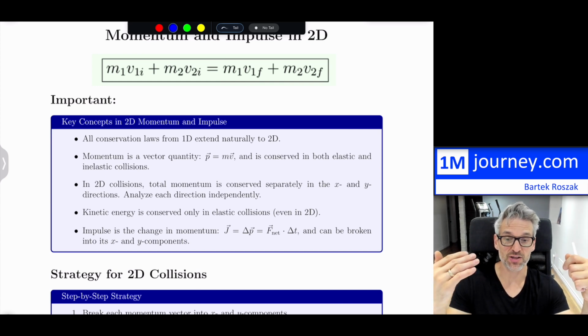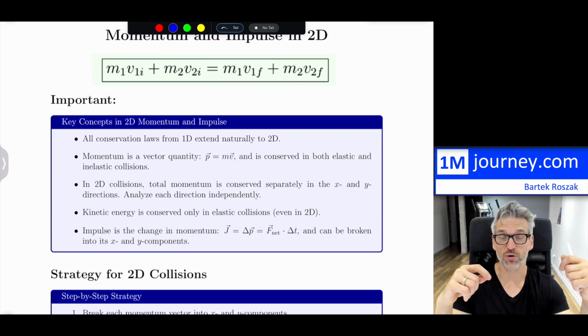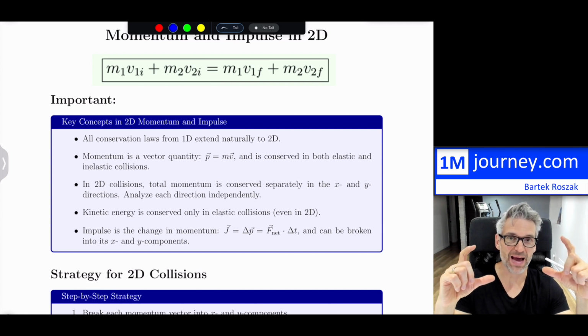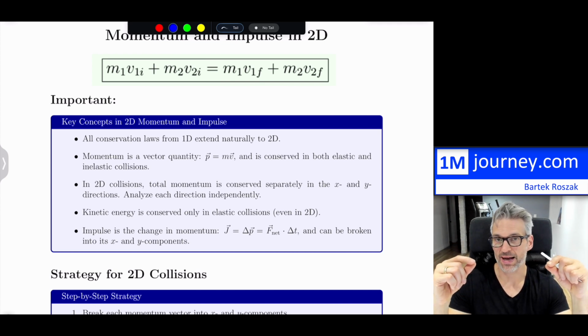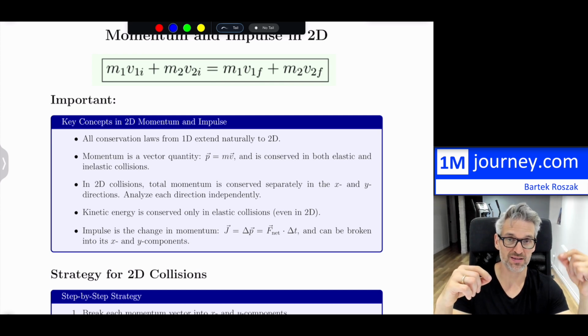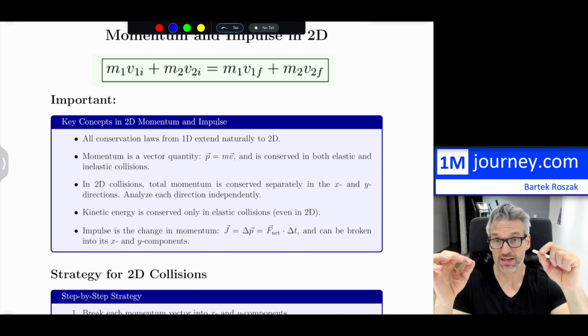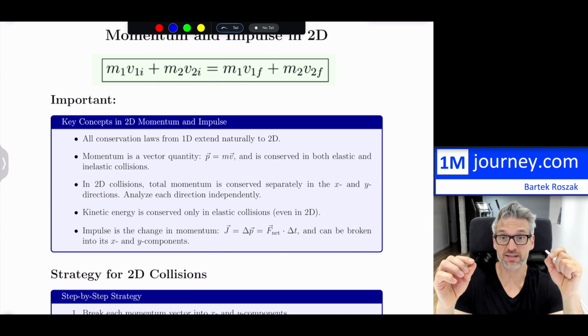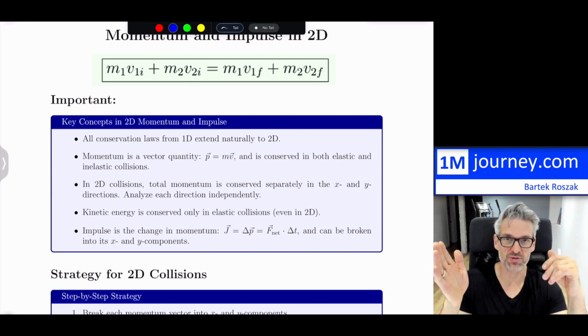And the way that you proceed, because now you are dealing with vectors, is you're going to be taking and breaking down the velocity and taking its magnitude. So, for example, we know that kinetic energy is 1/2 mass times velocity squared. And now the question arises, well, what is that velocity? Because I have a vector. Well, you're going to have to take the magnitude of that velocity and then substitute it in.